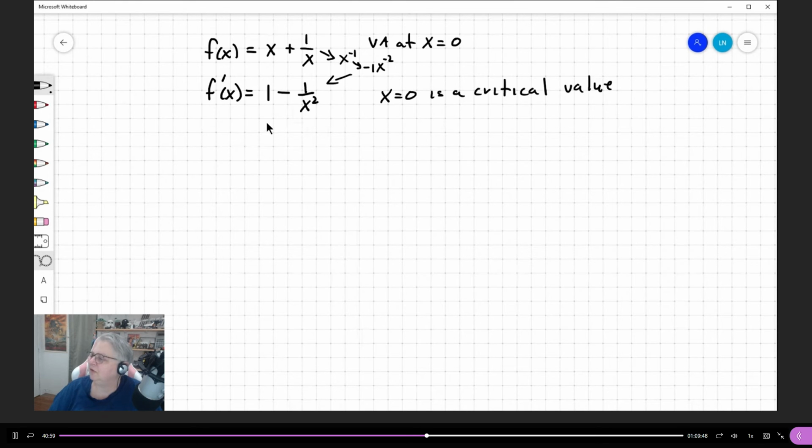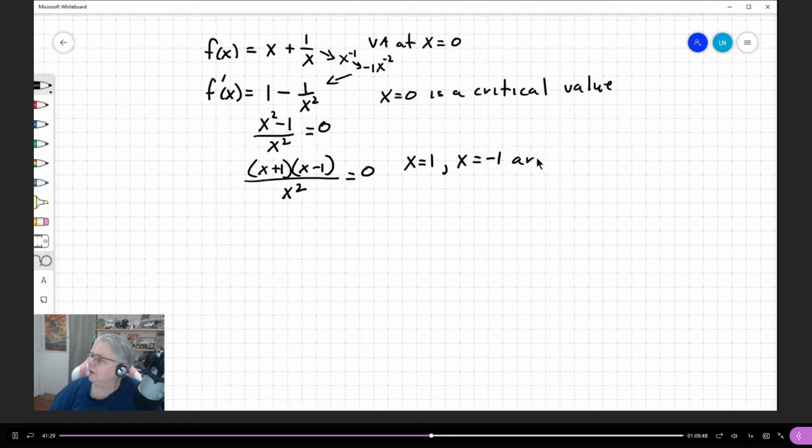I multiply 1 by x squared over x squared, so I get x squared minus 1 over x squared equals 0. Okay, so x plus 1, x minus 1 over x squared equals 0. So that's going to be where x is equal to 1 or x is equal to negative 1. These are also critical values.